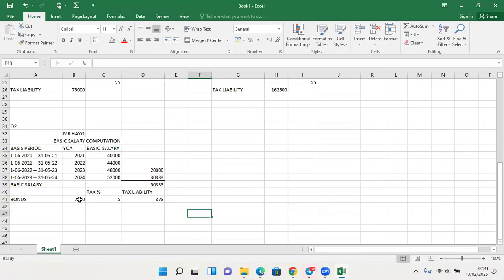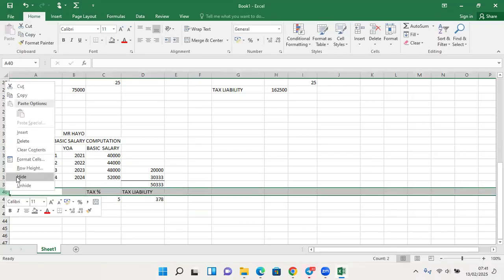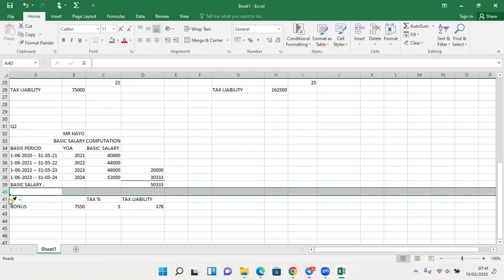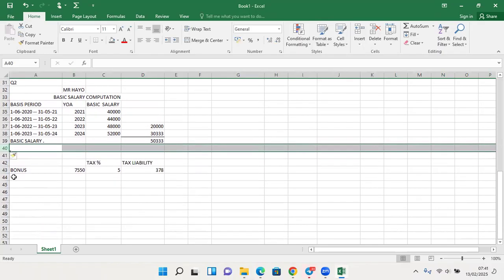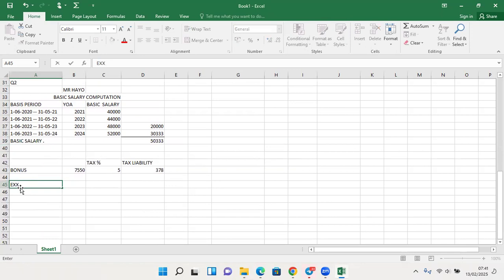Now, whenever we tax that 15%, the rest that will be left is supposed to be added to this, and then we use the graduated tax schedule to do the rest. So now the excess of the bonus would be equal to the 24,000 minus this.